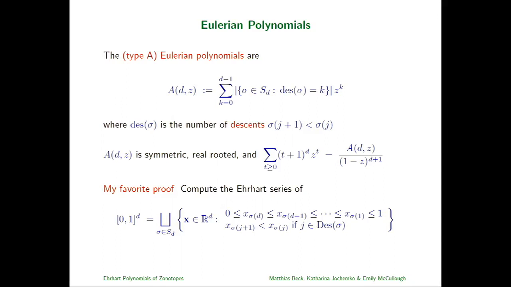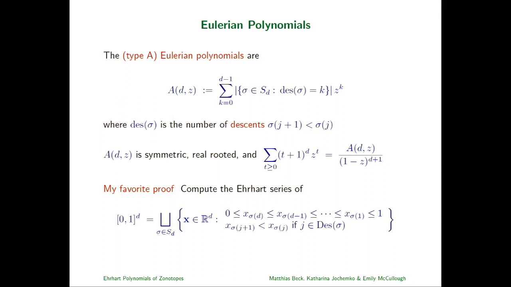If you ignore the second line for a moment, by going over all permutations, and saying everybody is between 0 and 1, I will get a decomposition of my unit cube. Every point in a unit cube falls into one of these things, and those are simplices. And then it's a wonderful fact of life that you can make this a disjoint decomposition by forcing a strict inequality if you have a descent.